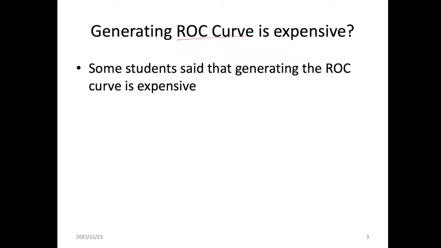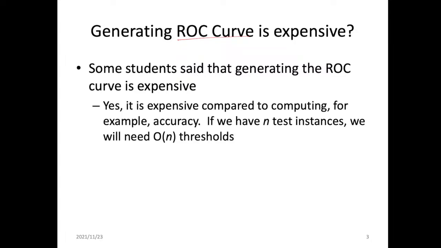So if you use the area under the ROC curve as a measurement, it's computationally more expensive compared to just reporting a single accuracy or F1 score, because you need to try different thresholds. Some students said that plotting the ROC curve seems very expensive. It is indeed expensive, but not as expensive as some students thought.